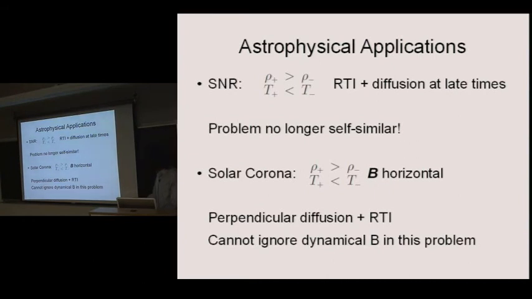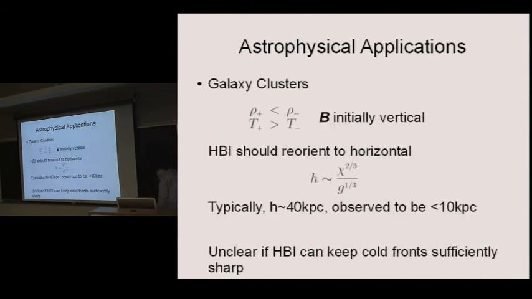Another thing to point out is that in this problem, the magnetic field is a really dynamical effect, whereas in the simulations I ran, the magnetic field was very small. So that's another important effect that you have to consider if you're interested in this problem.